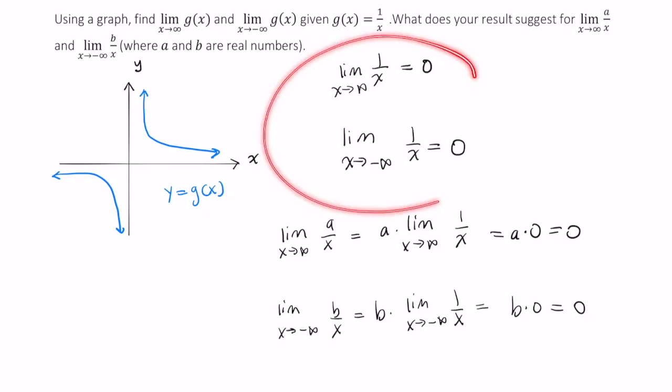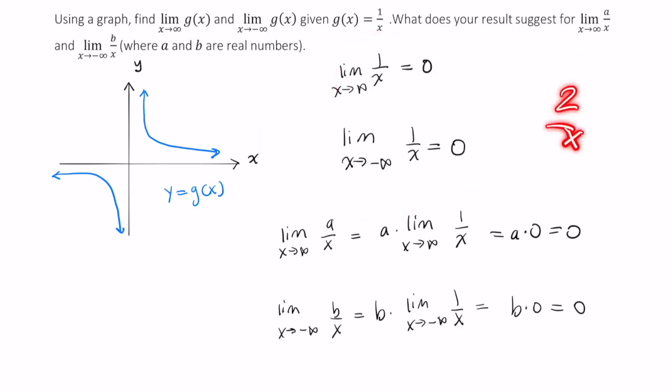So these limits suggest that if we multiply by a constant out front, so any constant, so I could have, say, 2 over x, or 10 over x, or 1,000 over x, even pi over x, anything we multiply, as we go out to infinity, our function will approach the x-axis.